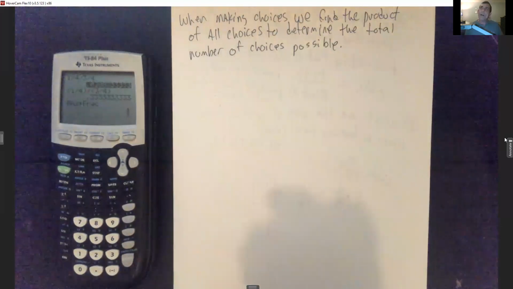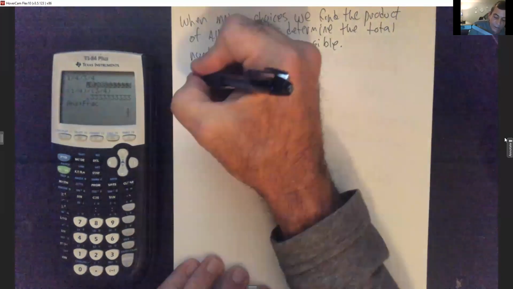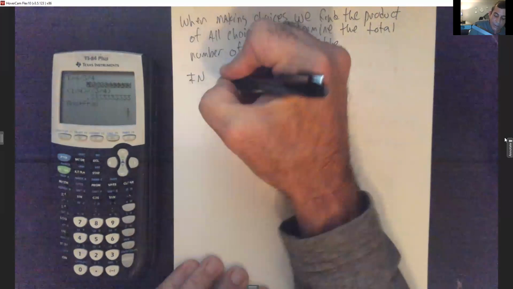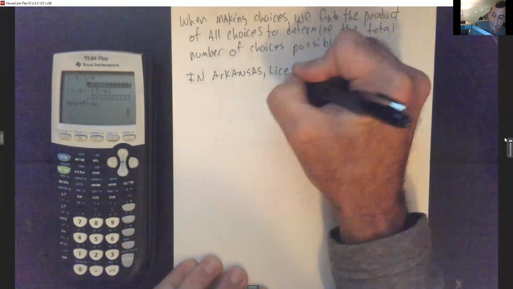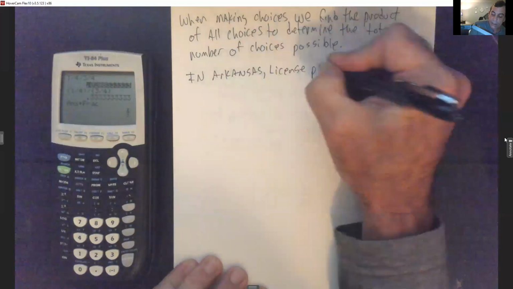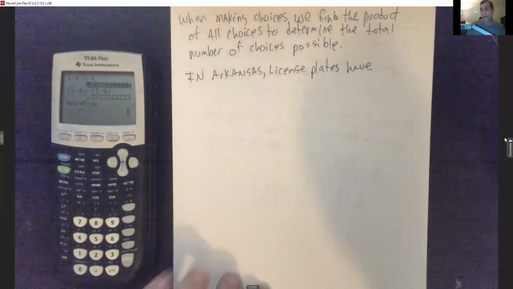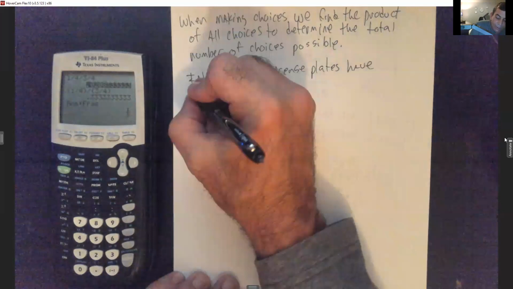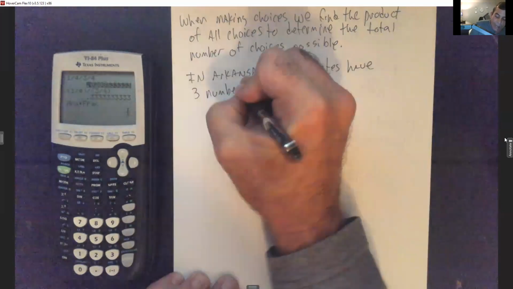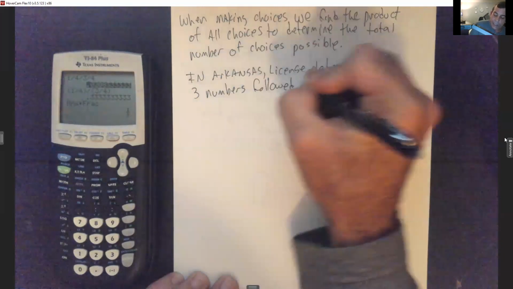So what I mean by that, we're going to play with car license plates. Okay, so in Arkansas, license plates have, now I think now we got 3 numbers followed by 3 letters, right? So we got 3 numbers followed by 3 letters.